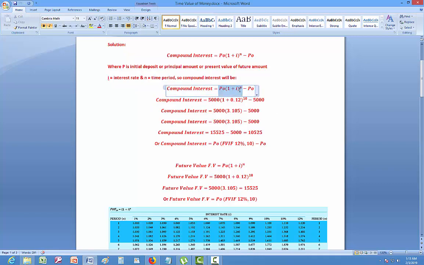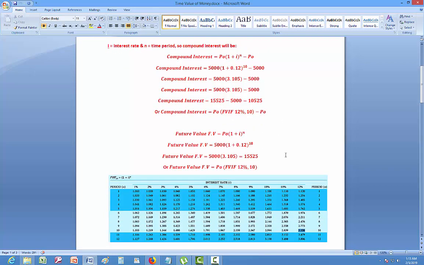What is this? This is called factor, and we can calculate manually, and otherwise we have an alternative way to find this, and that is FVIF table, future value interest factor.